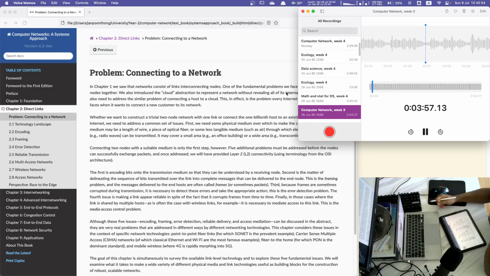Protocol data unit. At the application layer, mostly it uses HTTP, the hypertext transfer protocol, if you use a web page, to send a request.